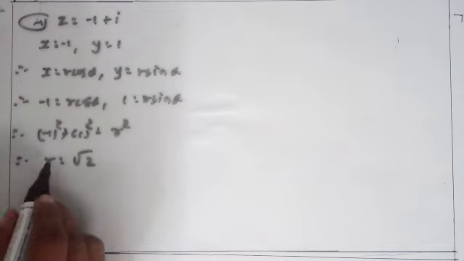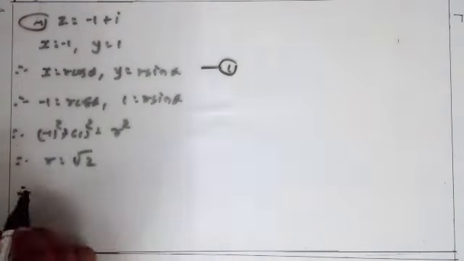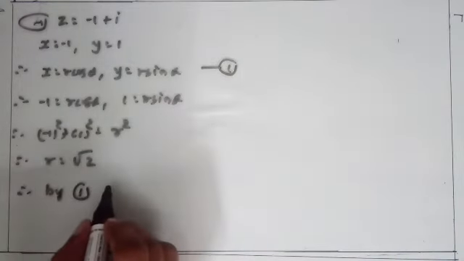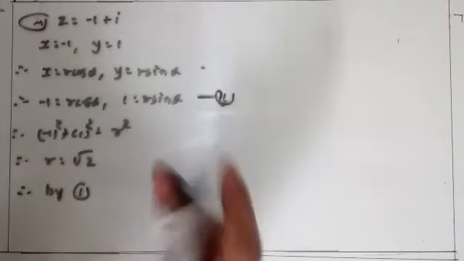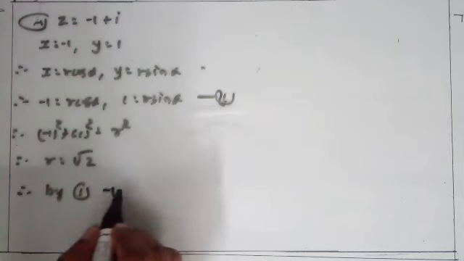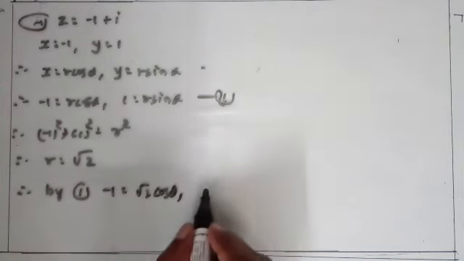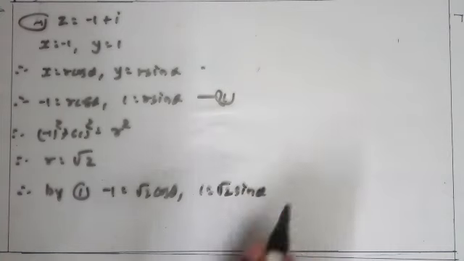Now replacing r, therefore minus 1 is equal to root 2 cos theta, and 1 is equal to root 2 sin theta.